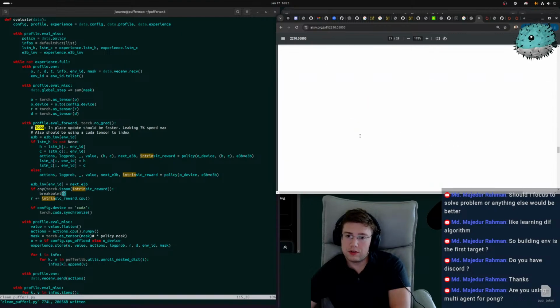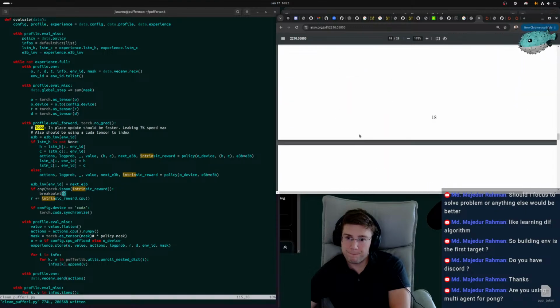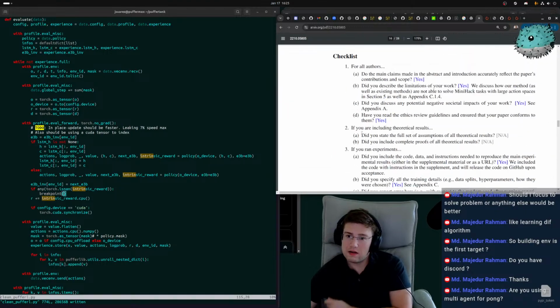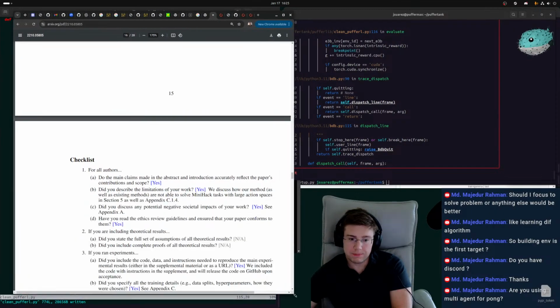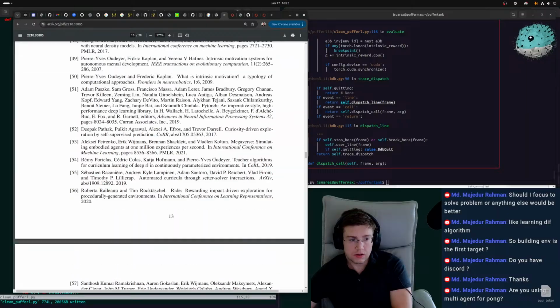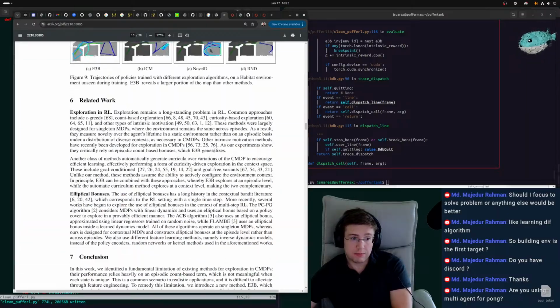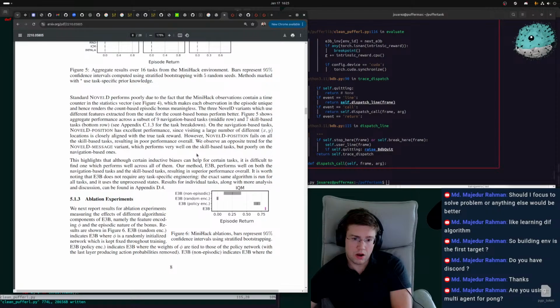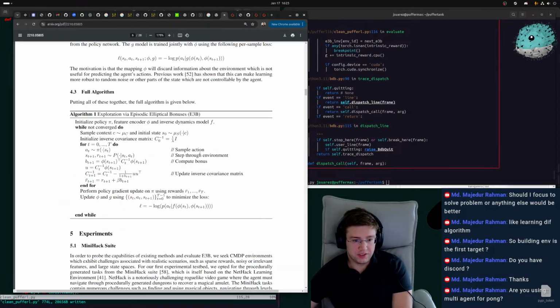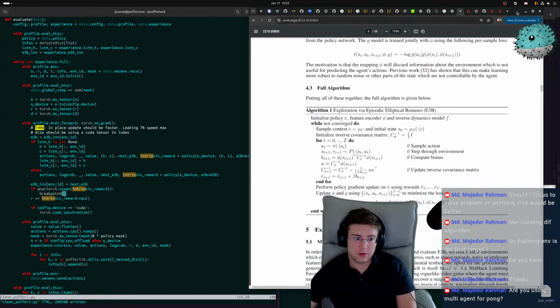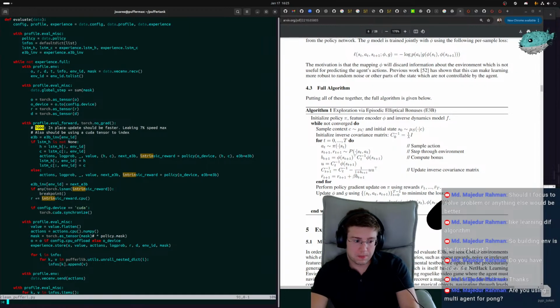Do they clip or something? I don't understand how this thing works. I mean, they're adding a giant matrix. So how does the thing work? Is my Sherman-Morrison formula wrong?